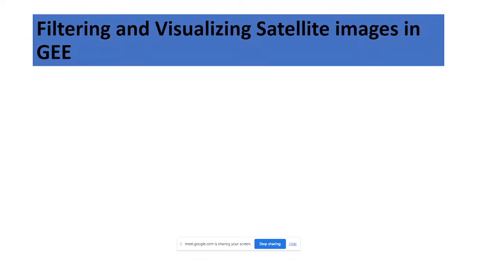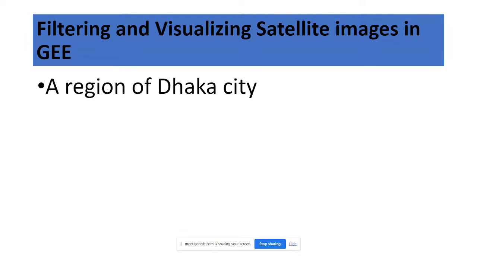So let's go through the filtering and visualization of satellite images in the Google Earth Engine platform. Landsat and Sentinel images follow the same process for filtering, visualizing, and exporting. First, select your region of interest where you need the image.